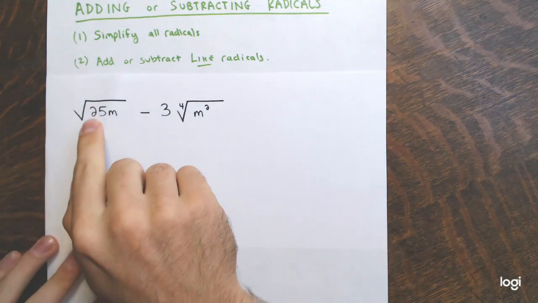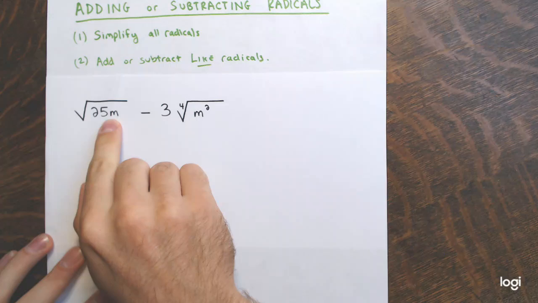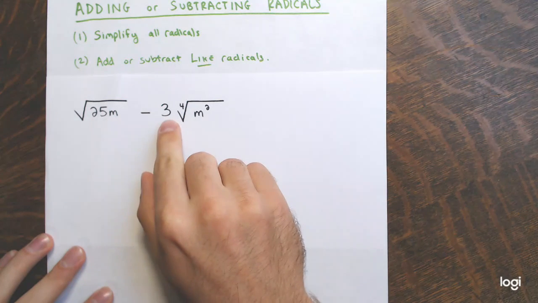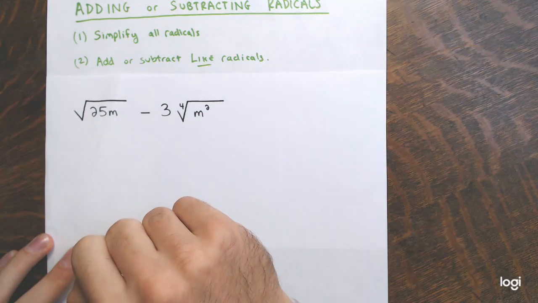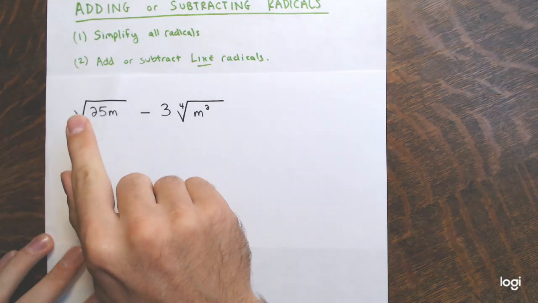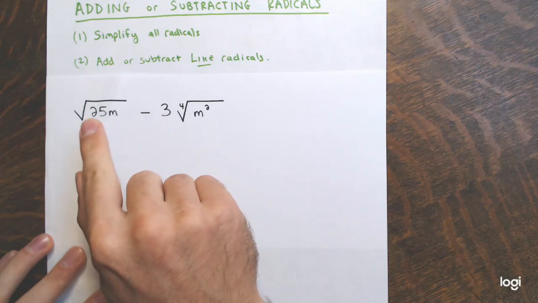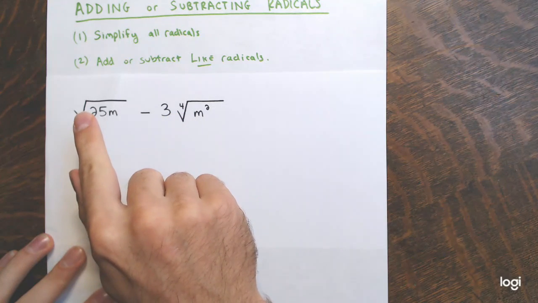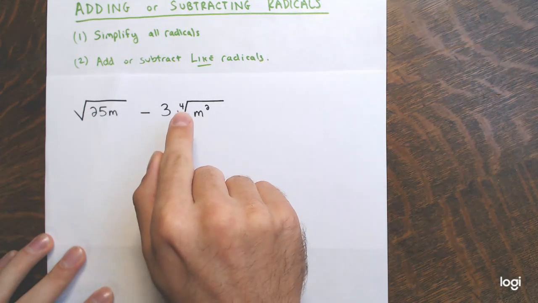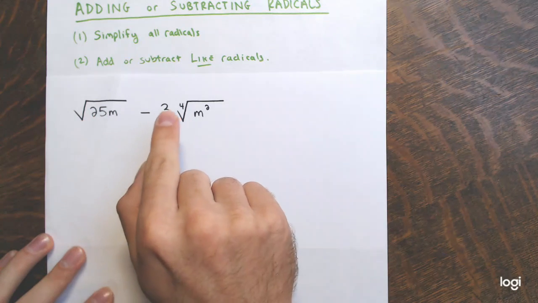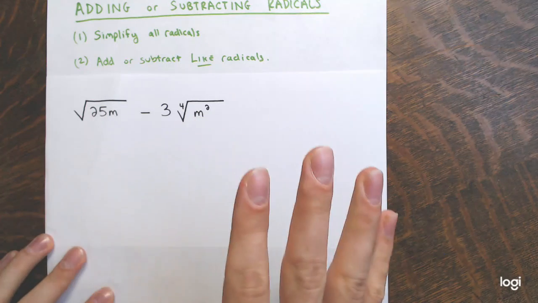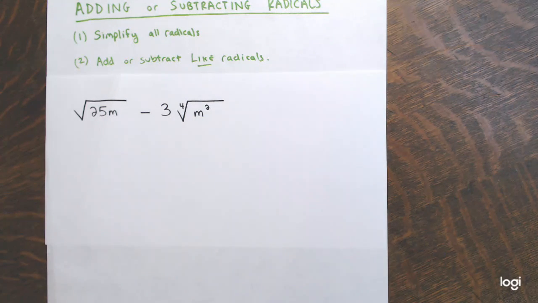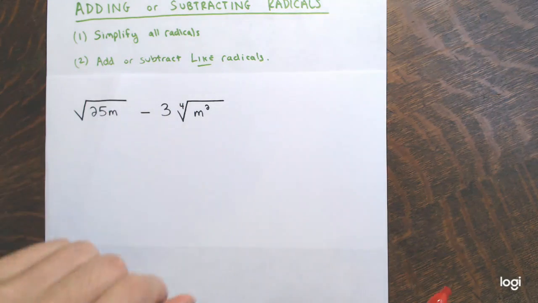So here I have the square root of 25m minus 3 times the fourth root of m squared. Notice the different type of root, the different index. This has an index of 2. This has an index of 4. Not only do they not have the same index, they don't have the same radicand either, so they're definitely not like radicals.